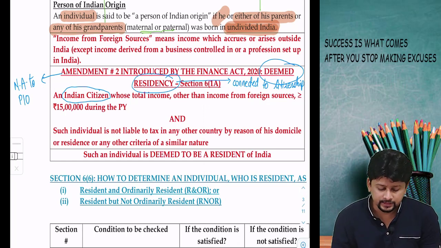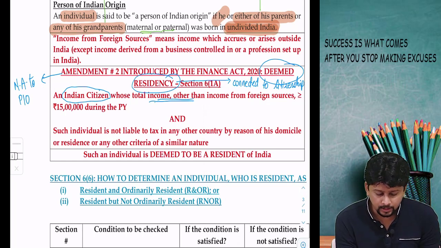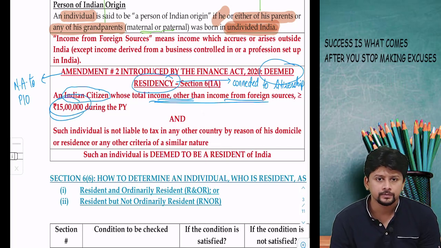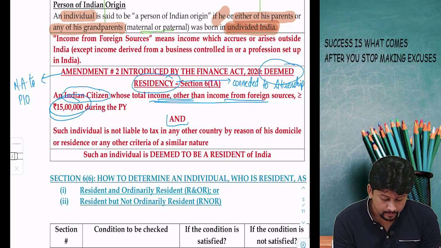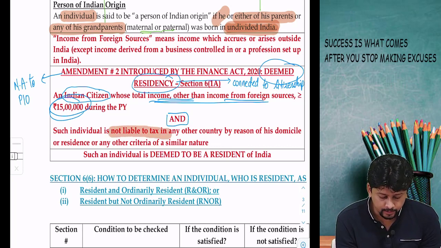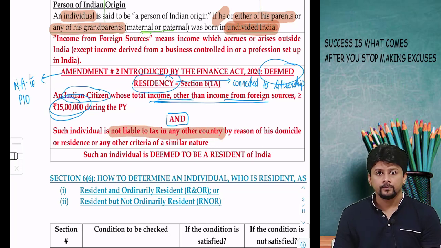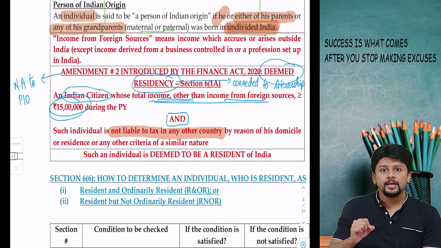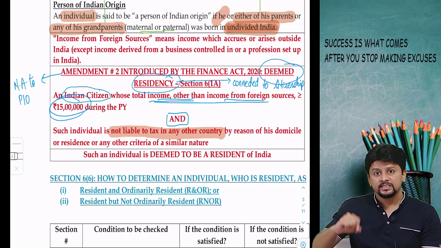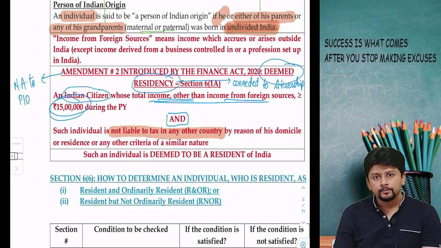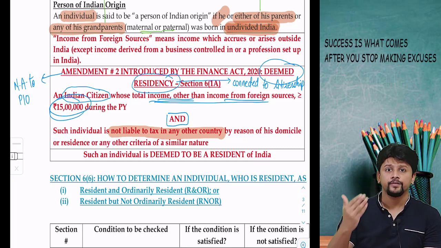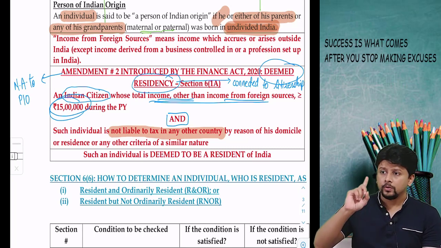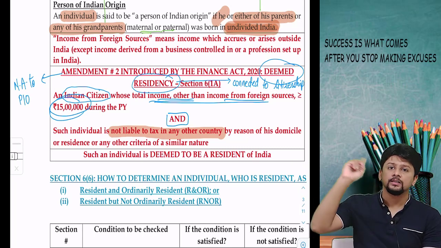If you are an Indian citizen and your total income other than income from foreign sources is exceeding 15 lakh rupees, and important stuff, such individual is not liable to tax in any other country. So you are an Indian citizen, your Indian income is exceeding 15 lakh rupees, but you are not subject to tax in any other country.